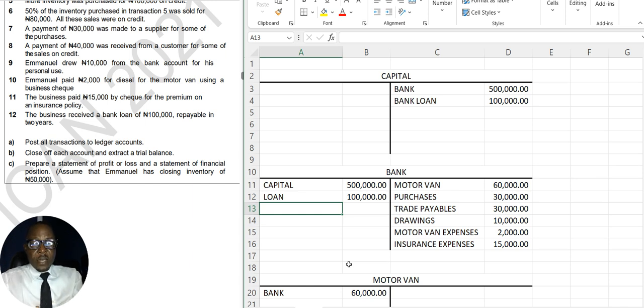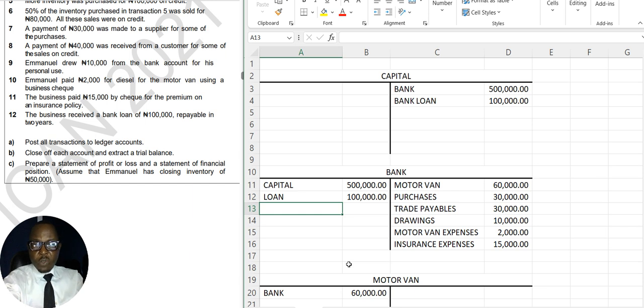And the rule says debit the receiver and credit the giver. So I'm going to be showing us how to close off, like they say we should do.